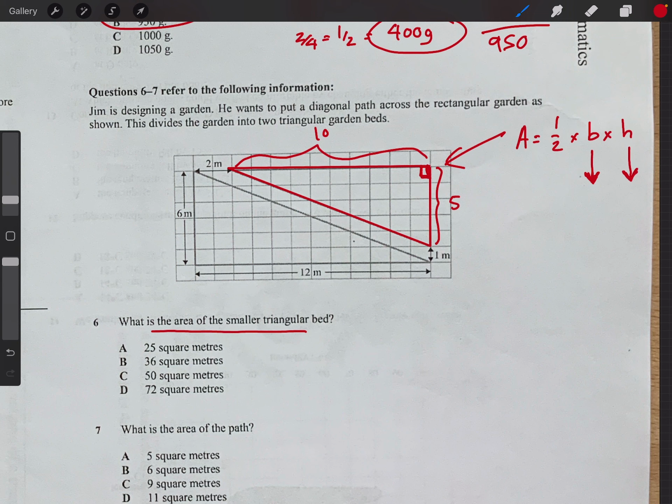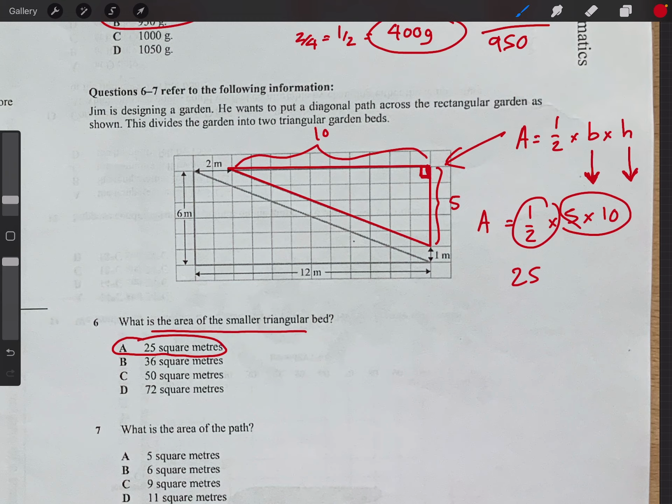This length here and this length here meet at 90 degrees. So the area of this triangle is a half times the base, which is 5, times the height, which is 10. 5 times 10 is 50, half of 50 is 25. So the area is 25 square meters.